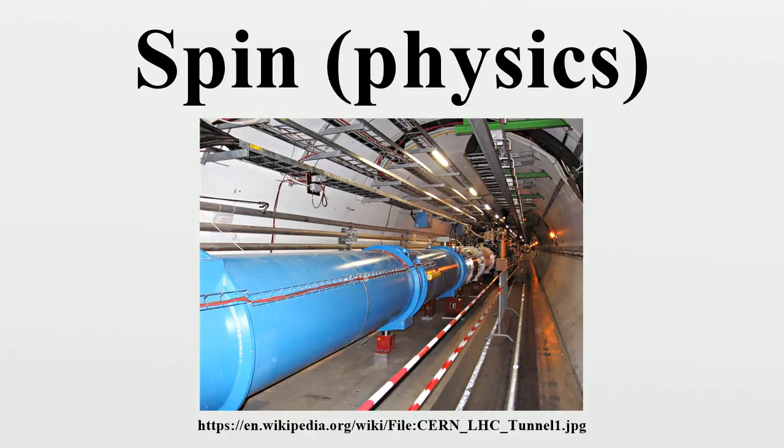Fermions and bosons. Those particles with half-integer spins, such as 1/2, 3/2, 5/2, are known as fermions, while those particles with integer spins, such as 0, 1, 2, are known as bosons. The two families of particles obey different rules and broadly have different roles in the world around us.